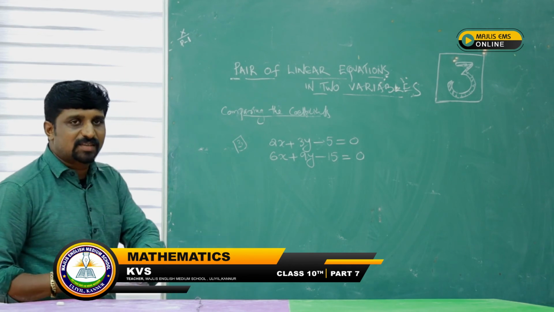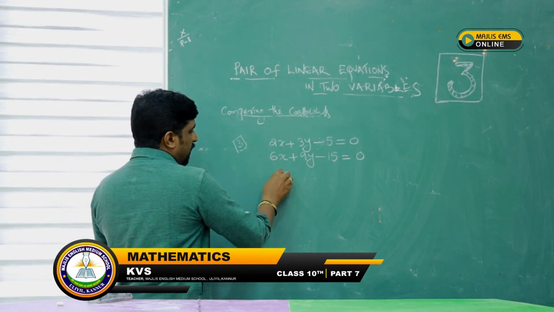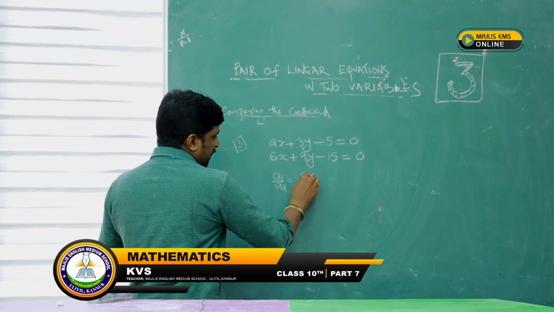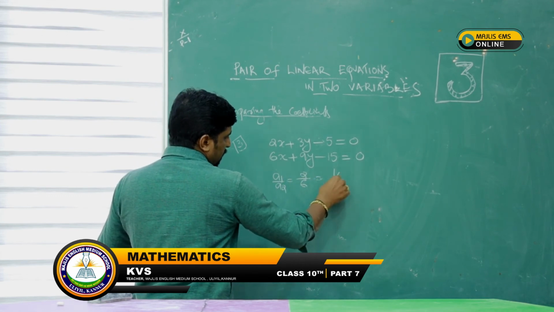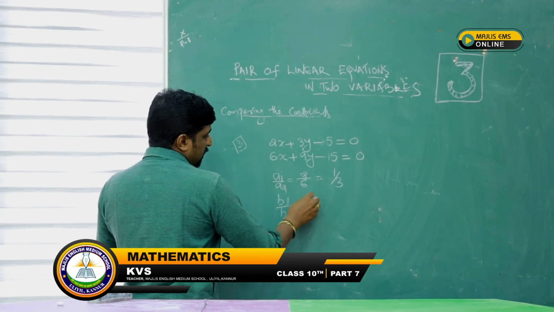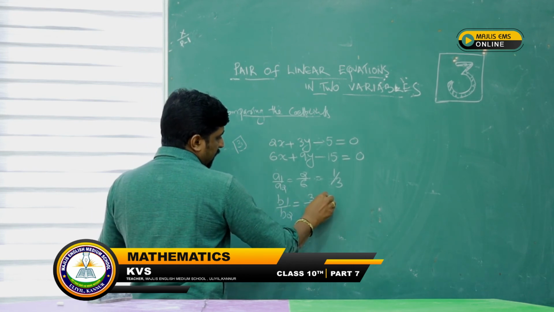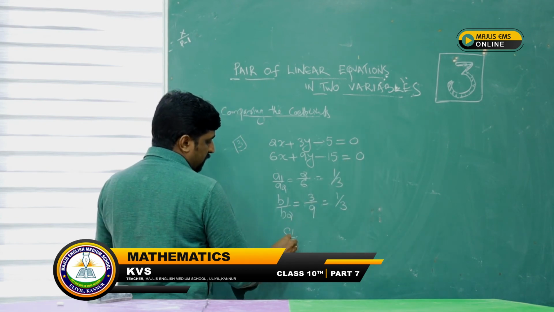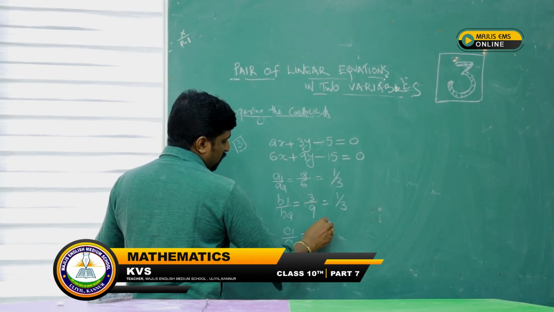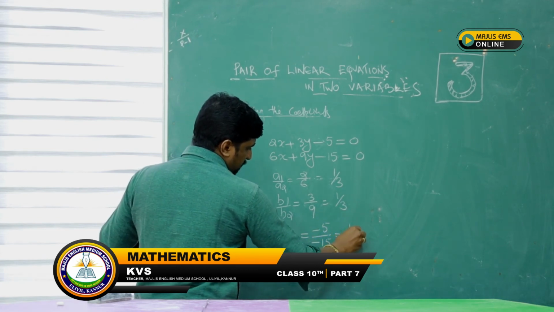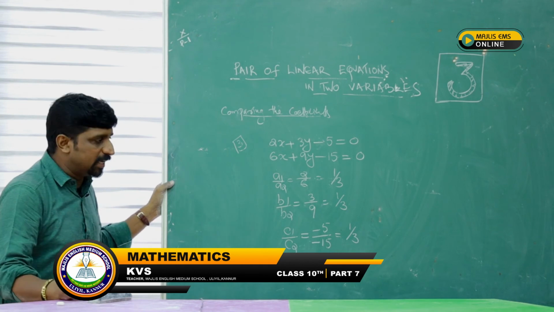Just find a1 by a2 first, that is 2 by 6, which gives 1 by 3. Next b1 by b2, that is 3 by 9, again 1 by 3. Next c1 by c2 means minus 5 by minus 15. After simplifying we again get 1 by 3.